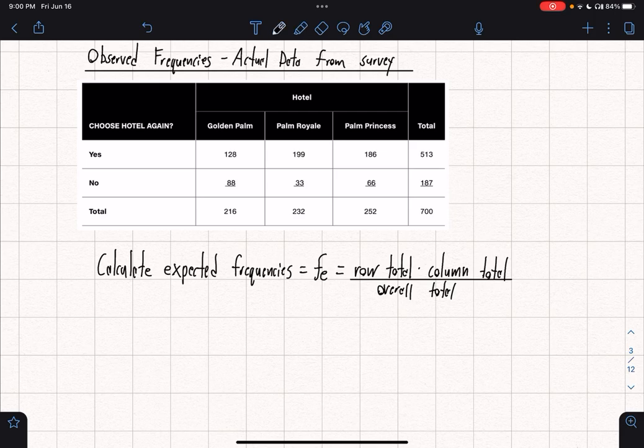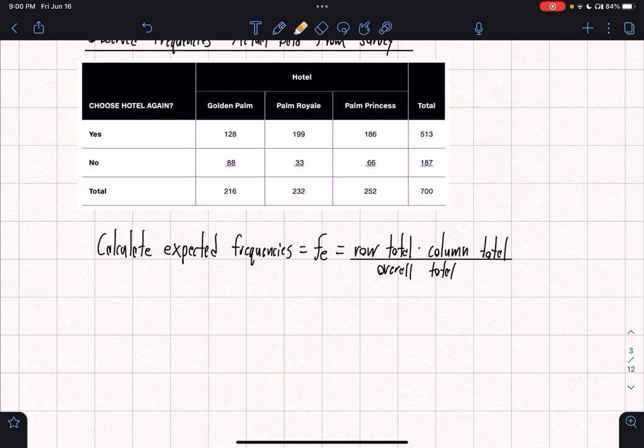Okay, so let's do that. So let's start with our expected number for Golden Palm who would return to this hotel again. So let me say yes, Golden Palm. Okay, so this is equal to the row total times the column total. So maybe I should use different colors.